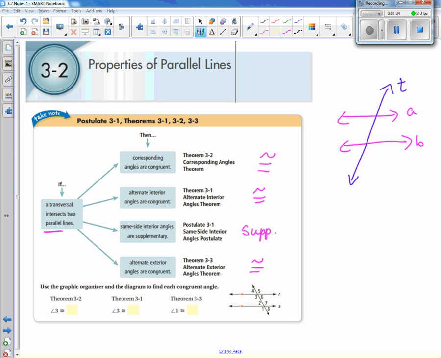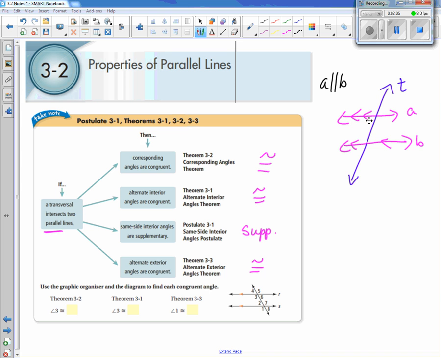In the directions, it would read something like A is parallel to B. However, if it doesn't read A is parallel to B, then you will be able to tell that A is parallel to B based on the diagram. The diagram will have little arrows like this going in the same direction on both lines, and that would signify that A and B are parallel. Okay, so either or you'll see.